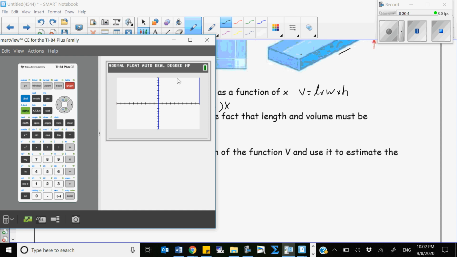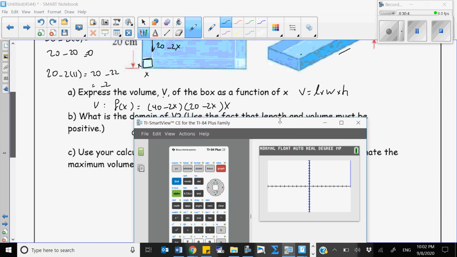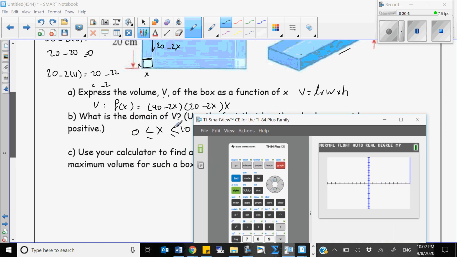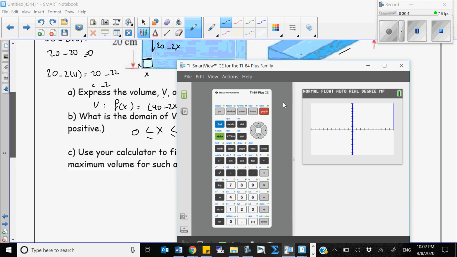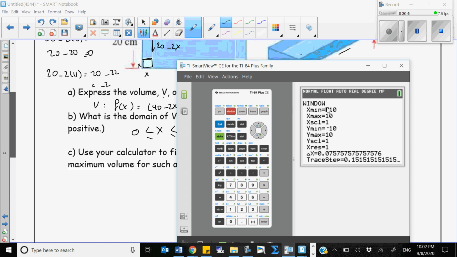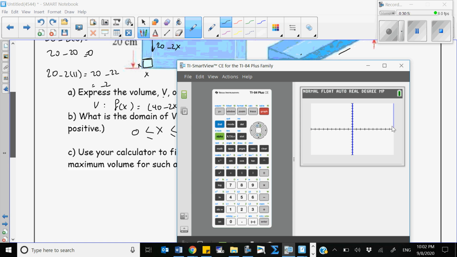The x value, we already had the domain, should be something between 0 and 10, which my window here is already between like -10 and 10. I'm going to make it a little bit bigger to see more of this function.